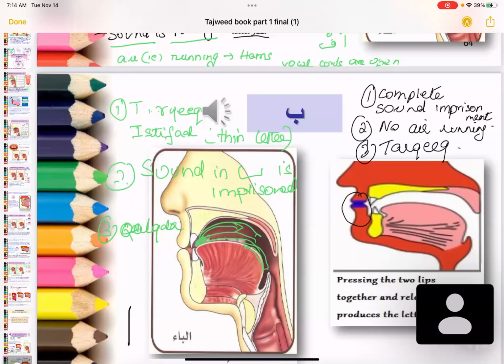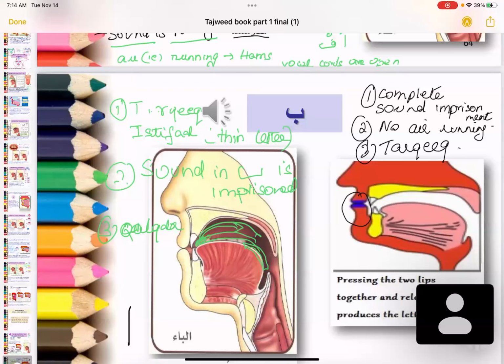Okay. Is there air in ba? There is no air because remember, the vocal cords for the letter ba are shut closed. So there's more reliance on its articulation. What do I mean by more reliance?